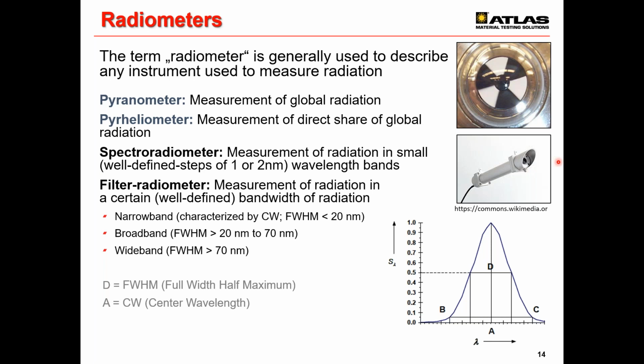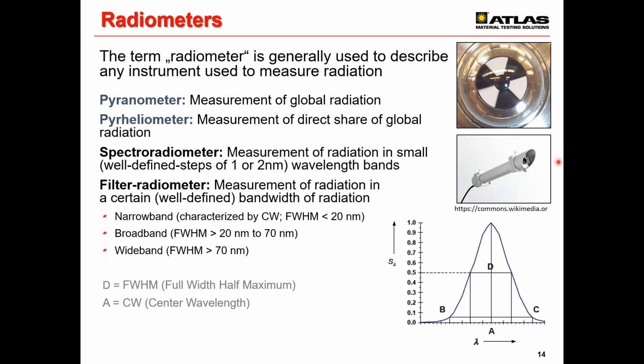They can actually measure the solar radiation wavelength by wavelength. So that gives you the full spectral irradiance distribution. Very good to have, but very complicated to monitor a light source continuously with a spectroradiometer. So typically not done to monitor long-term exposures, for example.